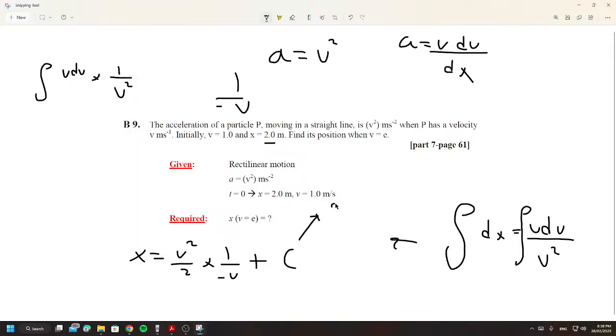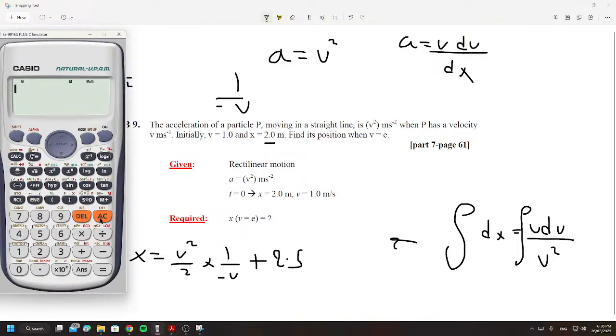So c is 2.5. Everything's going too smoothly here. Is this it? Does Ali finally finish this chapter?